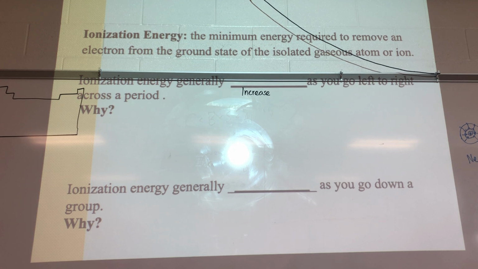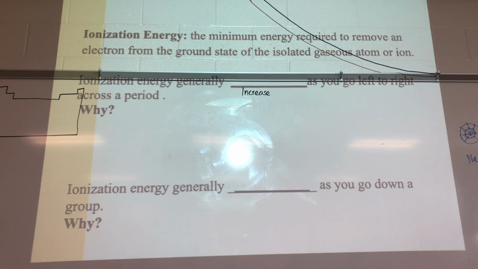The reason why it takes any energy is, as you go to the right, what happens to the nucleus? Yes, another great question. The size actually can produce it too, right?